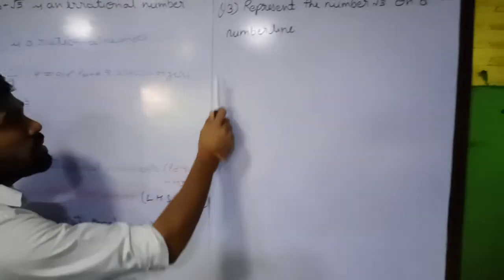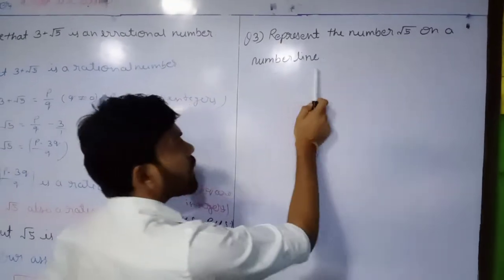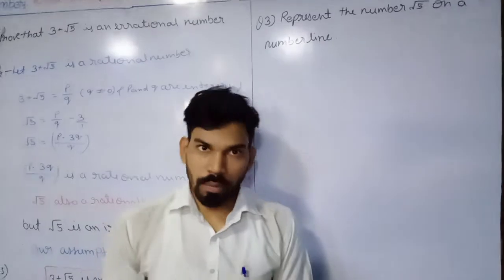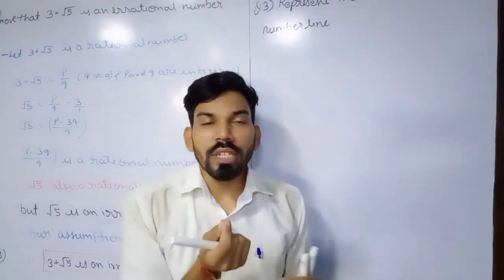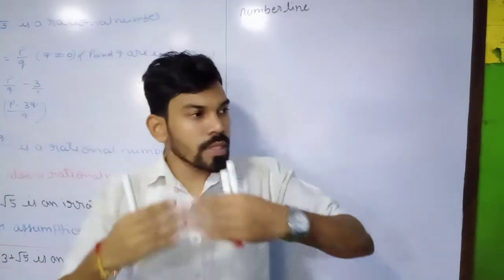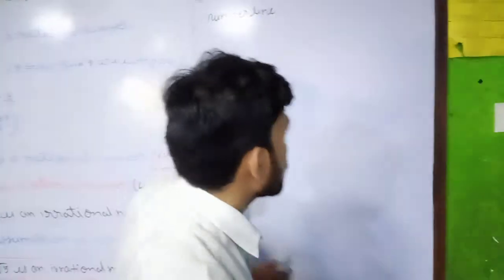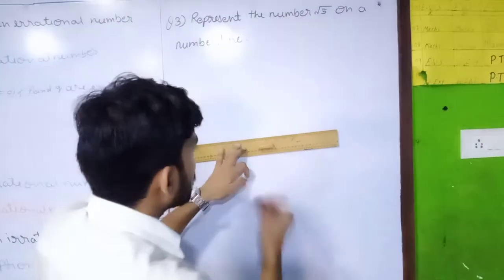Next sum is to represent the number root 5 on a number line. Whenever we talk about the number line, this comes to our mind: there is a line, in the middle we have the point 0, and on one side we have the negative integers and on the other side positive. So let's start. We have a number line.